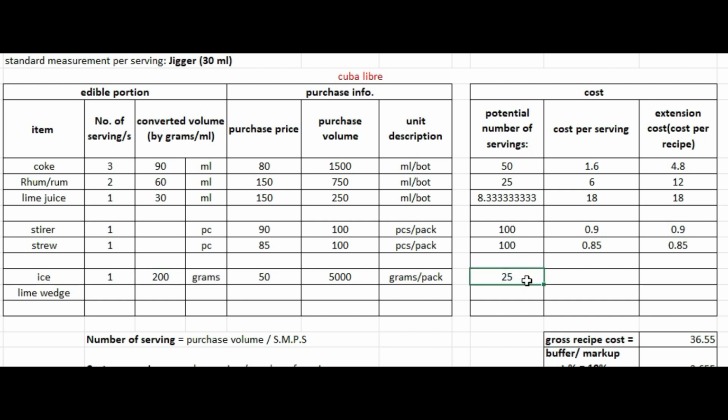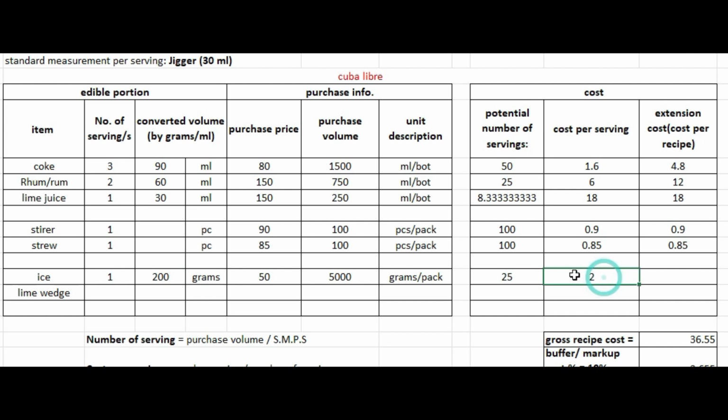So therefore, for our potential number of serving, just divide our purchase volume with our converted volume. So this means that there could be a potential number of 25 serving of ice per 200 grams. So again, for this potential number of serving, we are using 200 grams as our standard serving.